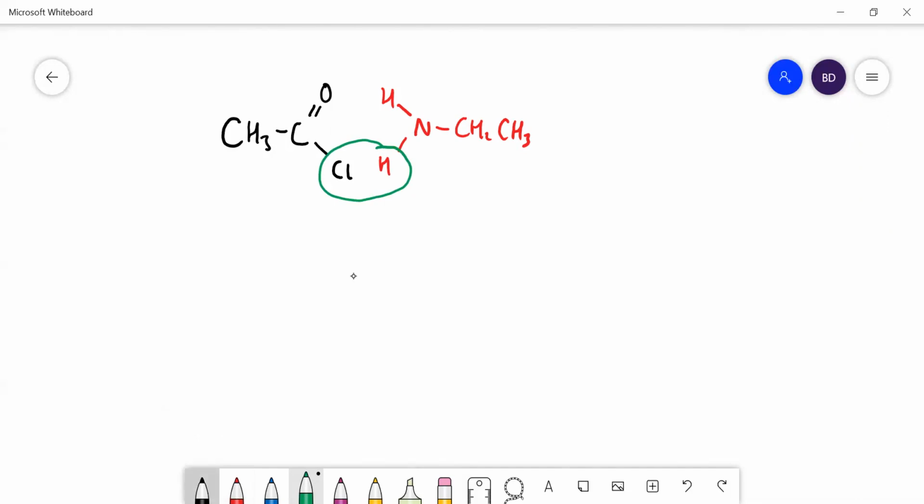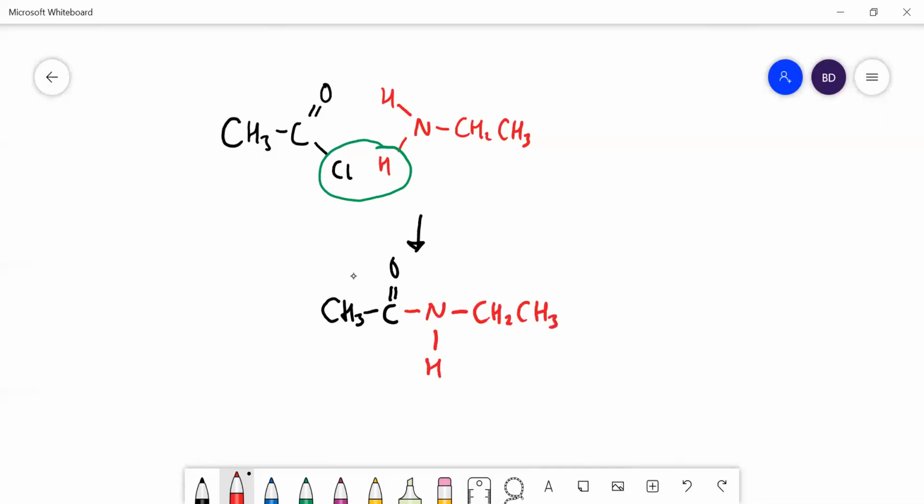And the product is going to be an N-substituted amide, which I said is very like an ester, except you just swap the oxygen atom for a nitrogen atom. Okay, so that would be N-ethyl ethanamide, that one.